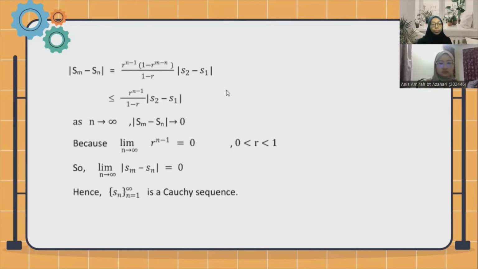So as n approaches infinity, |S_m - S_n| approaches 0, because the limit as n goes to infinity of r to the power of n minus 1 is equal to 0, with 0 < r < 1. So the limit as n approaches infinity of |S_m - S_n| is equal to 0. Hence, S is a Cauchy sequence. So that's all for task 2.